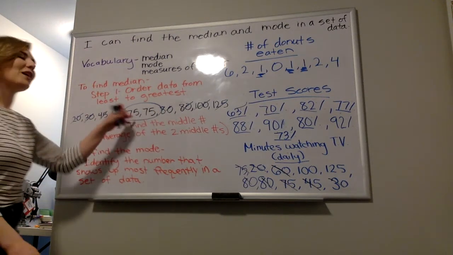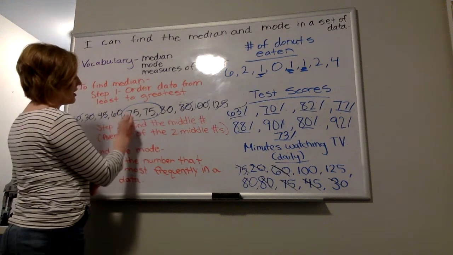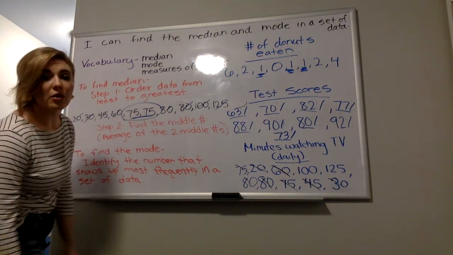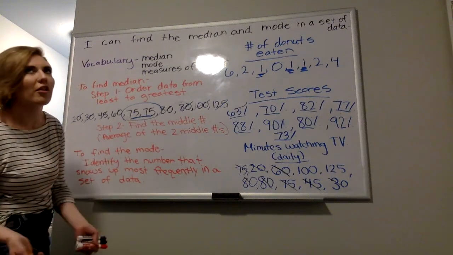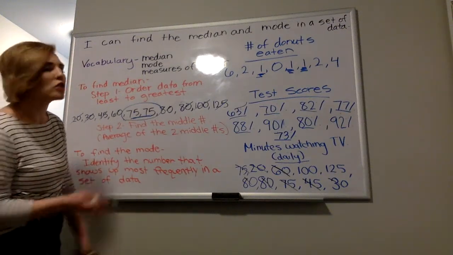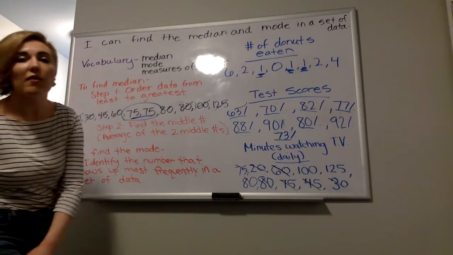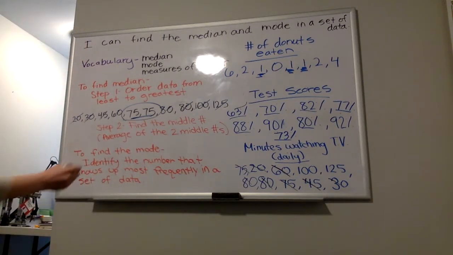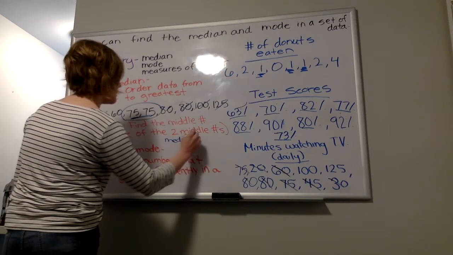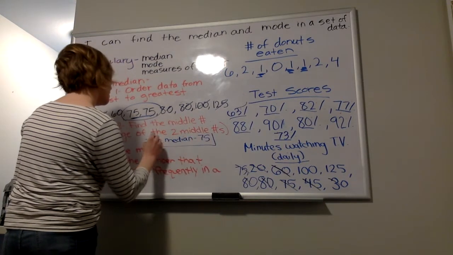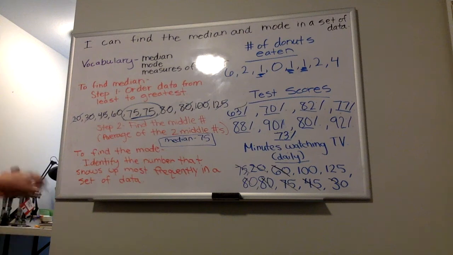Now, the beautiful thing about when this happens is we already know that the median is just going to be 75. Because if you add 75 and 75 together and then divide it by 2 to get the average, it's still going to be 75. Okay? So we know that the median is 75. That is the median test score.